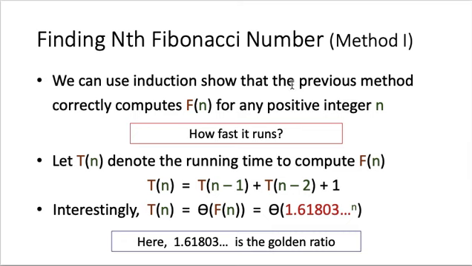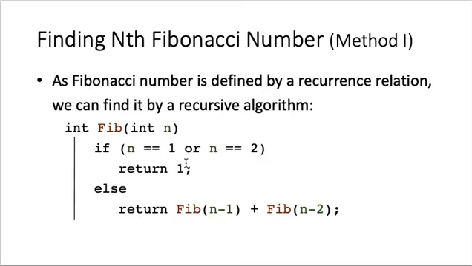Now we can easily show that the previous method is correct by using mathematical induction. This algorithm is correct for computing f of 1 and f of 2, because both of them have value equal to 1.